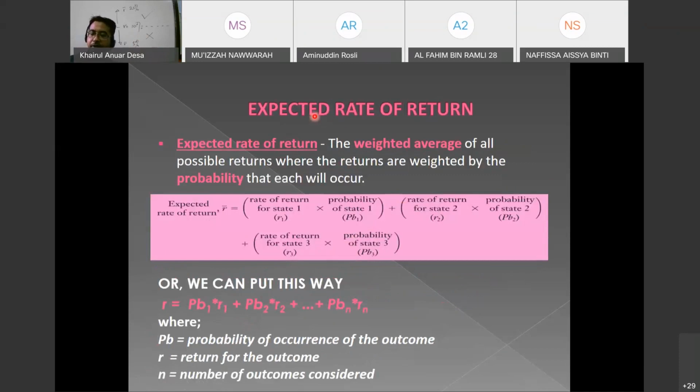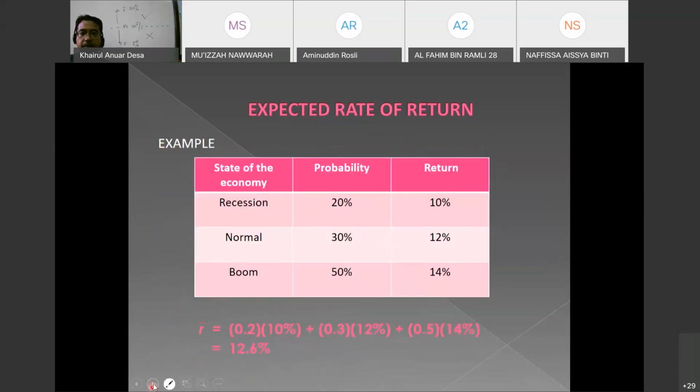Okay, how to calculate the expected rate of return? Bagaimana kita nak mengira kadar pulangan dijangka? So, you tengok sini. Ini pun kita dah tengok minggu lepas.